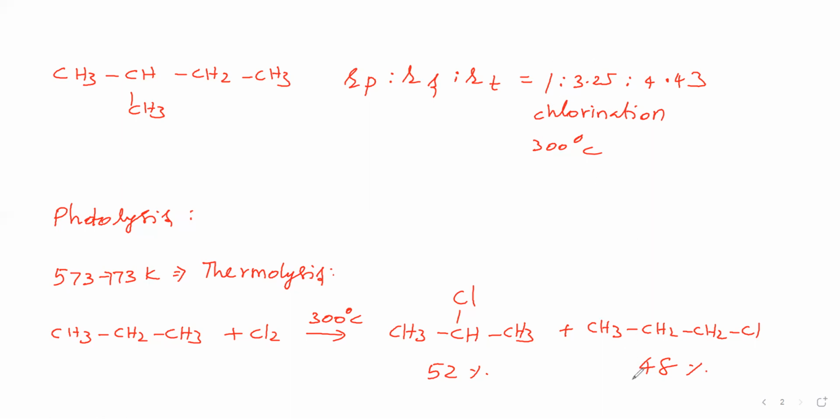But here you see the percentage, it is 48 and 52, means it is not 3 times that of this one. That means the yield is not only depending on rate, but also on some other factor. What is that factor? That we'll see.